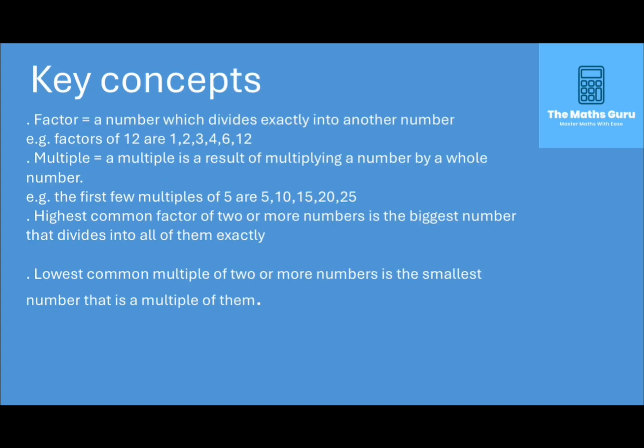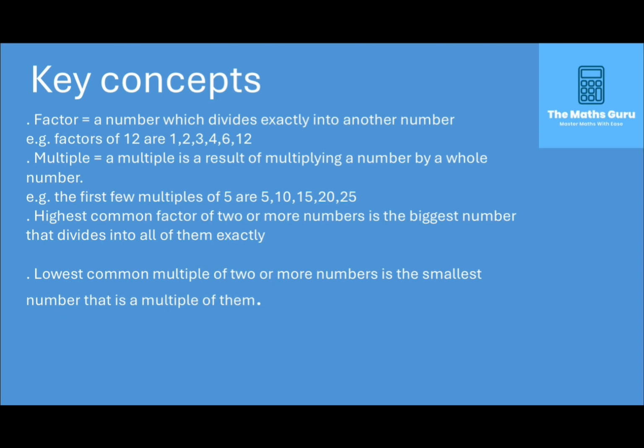So, a factor is a number which divides exactly into another number. The example I've given you here is 12, and the factors of 12 would be 1, 2, 3, 4, 6, and 12. This is because each one divides exactly into 12, and you can see all the factors there.